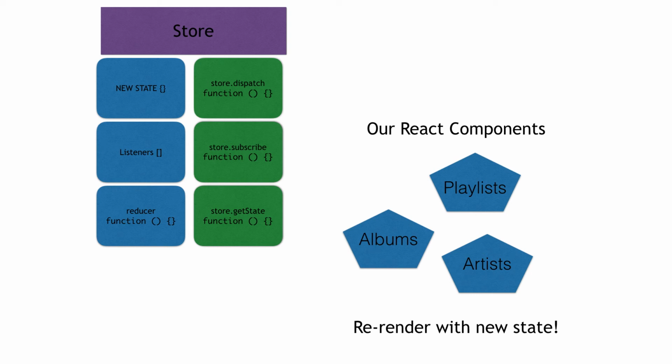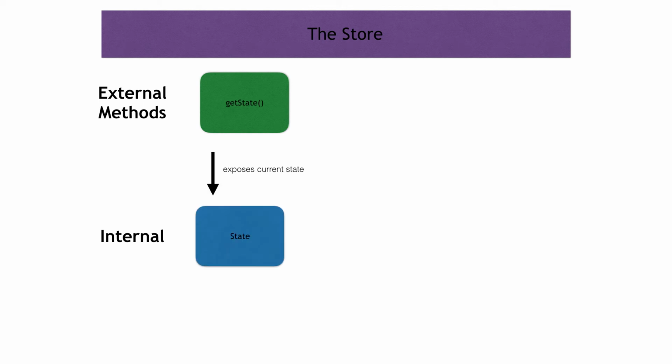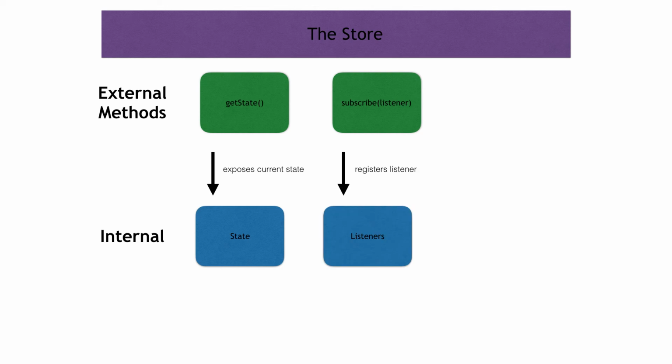Okay, so in review, the store has a few external methods. Like getState, which returns the state. Subscribe, which adds listeners, and also returns a function that lets you remove a listener.